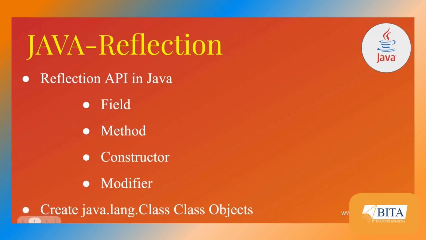So what is the java.lang.Class object? It is a class which holds all the information and data about the classes and objects during runtime. This is the main class used for reflection.